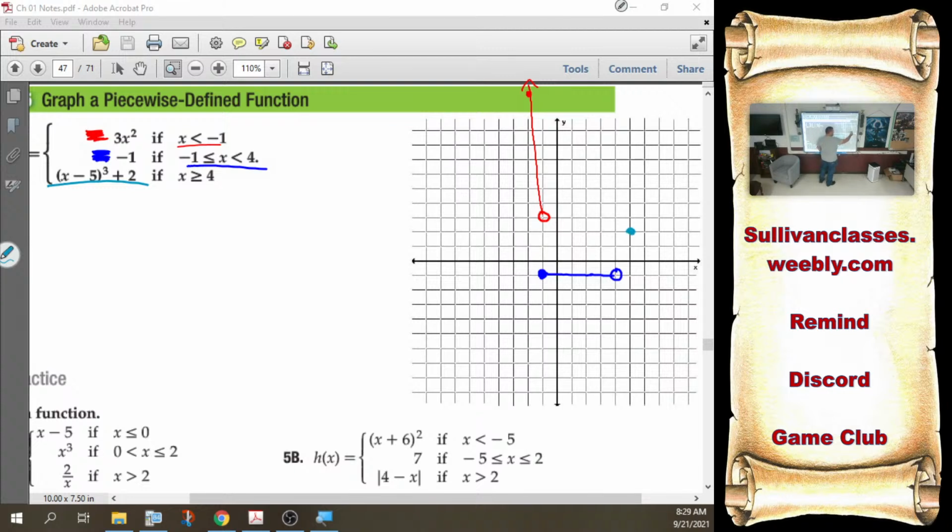And that's the inflection point of a cubic. Use your cube steps. Over 1, up 1. Over 2, up 8. Left 1, down 1. Left 2, down 8. 1, 2, 3, 4, 5, 6.